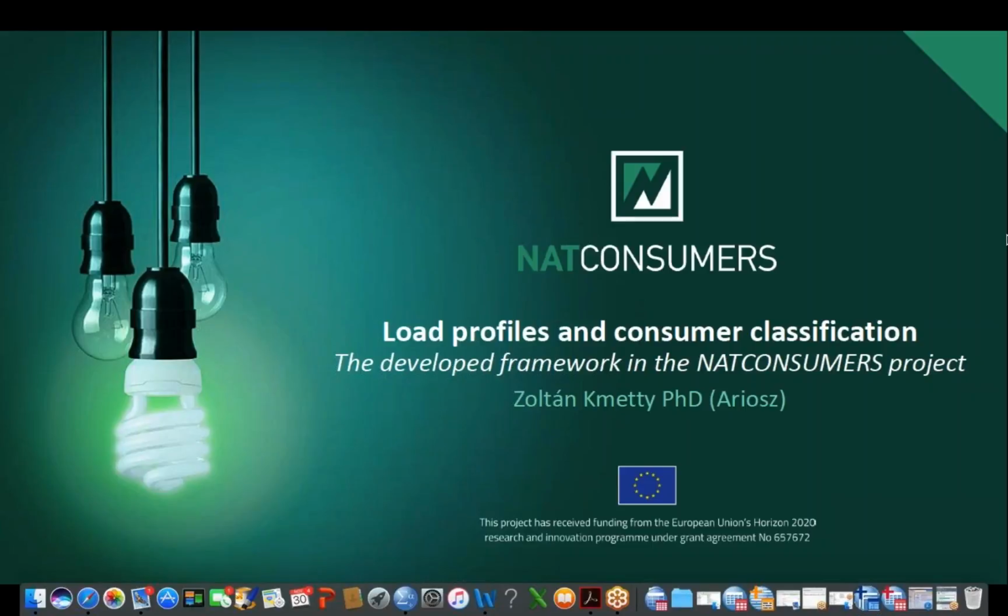As you might know, we are developing a framework in this Natconsumer project, which gives third-party users, the same third-party users as Mika mentioned in his presentation, a toolkit or a framework for how they could speak with their consumers and work with them to reduce their energy usage. Of course, this framework could also be used by energy utilities or other companies.